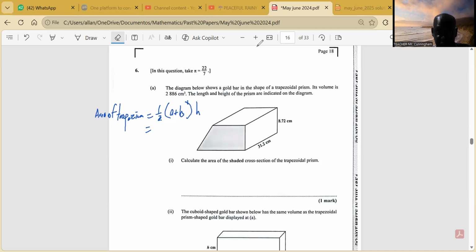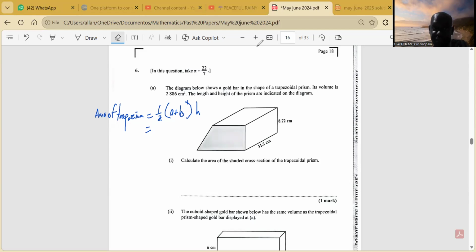All right, let's see what we know. Let's calculate the area of the shaded cross section. We know the height, h, is 8.72. The diagram shows a gold bar in the shape of a trapezoid.